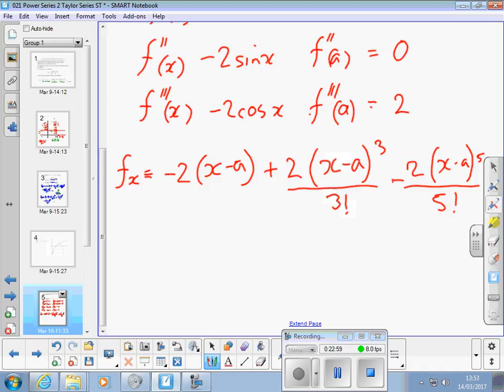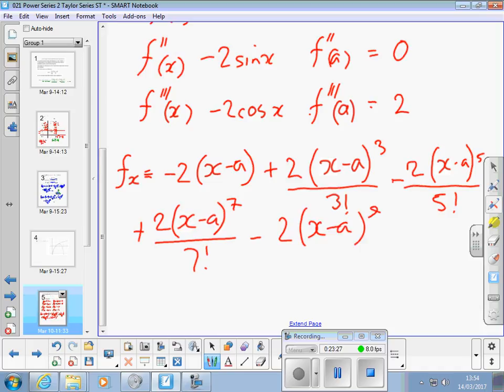The odd terms change between positive and negative for each one. So the last one must be plus 2, to the power of 7 over 7 factorial, and then 2 to the power 9 over 9 factorial.